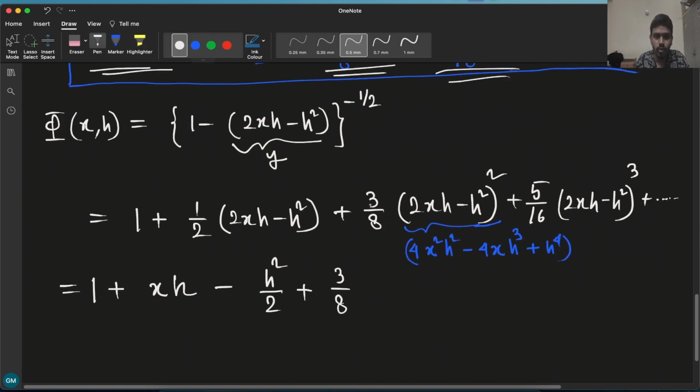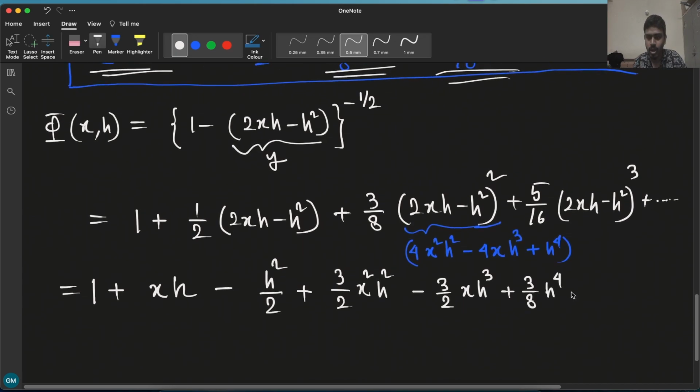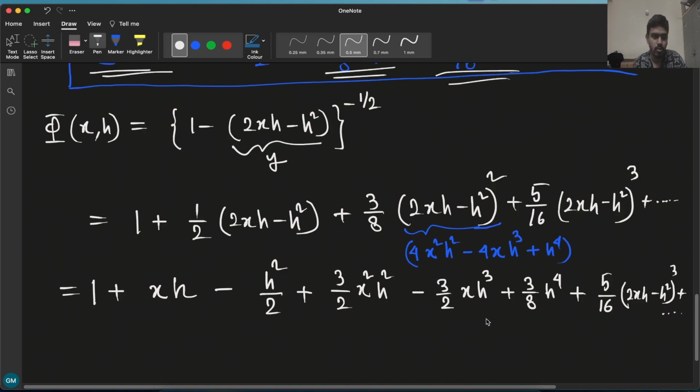So then it will be 3 by 8 times 4x square h square, which is nothing but 3 by 2 times x square h square, minus 3 by 2 times x h cube, plus 3 by 8 times h to the power 4, right, plus this term, 5 by 16 times 2xh minus h square whole cube, plus all the other terms.